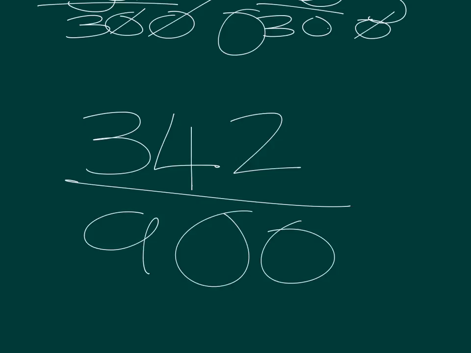If you add the numbers together, 3 plus 4 gives me 7, 7 plus 2 gives me 9, let me write that down, and 9 plus 0 gives me 9. If the total is a multiple of 3, so 3, 6, or 9, the number is divisible by 3. So you add the digits up. If you get 3, 6, or 9 as your answer, then you know that you can divide by 3. 3 will go in exactly.